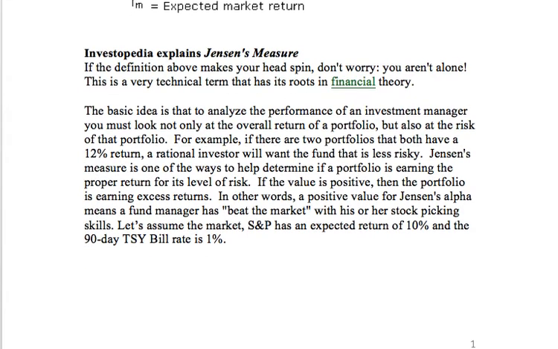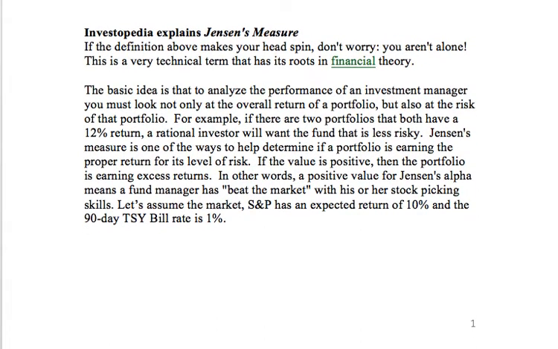But what I want to draw your attention to is right here. Let's say, for example, there are two portfolios that both have a 12% return, a rational investor will want to find the one that is less risky.